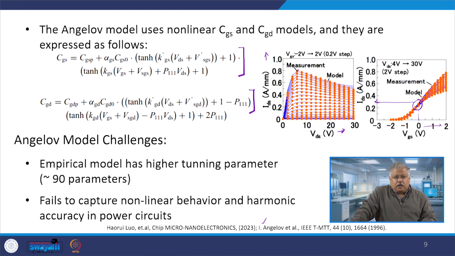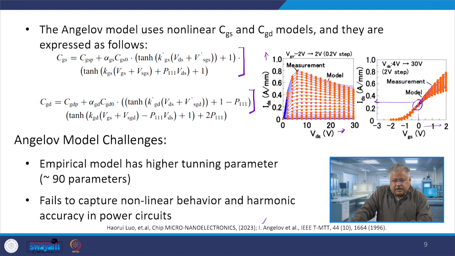Now, what are the challenges? One challenge is that the Angelov model has a very large number of tuning parameters, about 90, and they might not necessarily be independent parameters. They might be related parameters, right? What might happen therefore is that you change one unknowingly, and the other also gets changed.